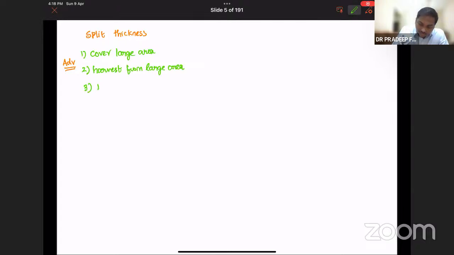Number 3, the donor site heals in 21 days. Since it heals in 21 days, it can be reharvested from the same site after 3 weeks.